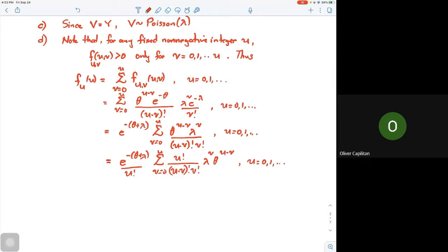Notice that this expression, you can see that in the binomial theorem. So we have now e to the negative theta plus lambda over u factorial, and this expression is equal to lambda plus theta raised to u.